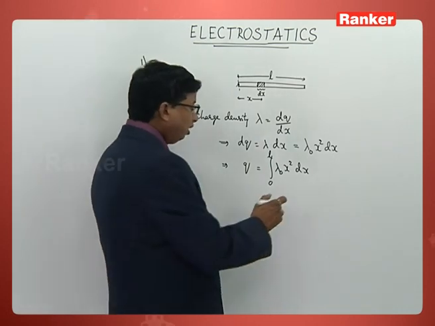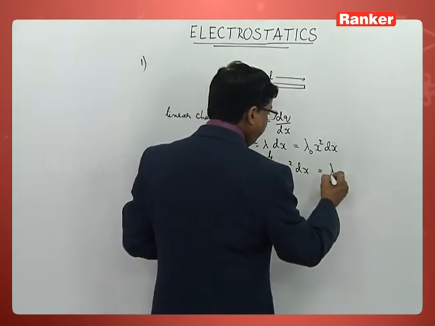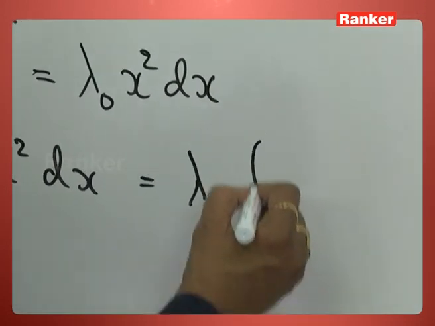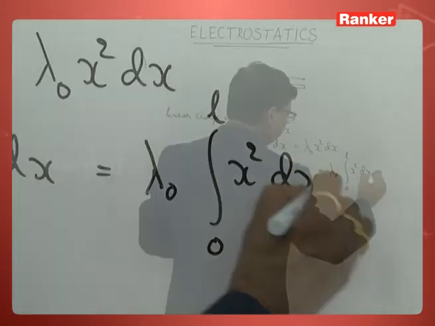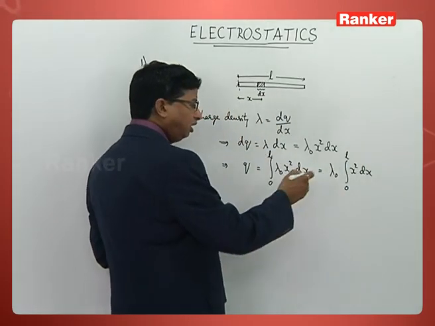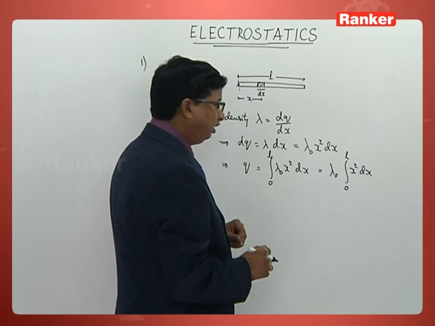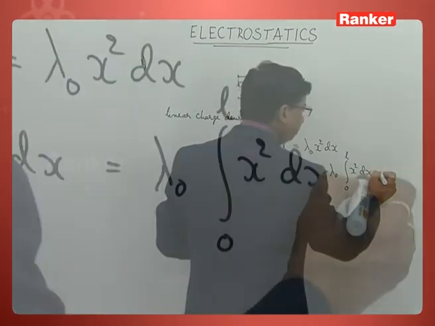Taking up the integration, lambda naught integral 0 to L of x square dx. We all know that the integral of x square dx is x cube by 3.